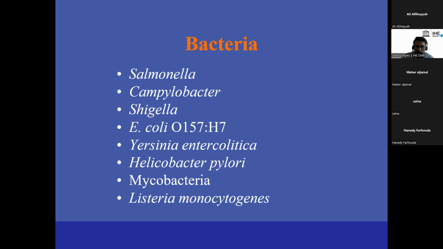When we start to talk about the microorganisms that are mostly related to the spread of different diseases, we can talk about, for example, Salmonella, Campylobacter, Shigella, Escherichia coli, Yersinia enterocolitica, Helicobacter pylori, Mycobacteria, and Listeria monocytogenes. These are different organisms that cause very different types of diseases.